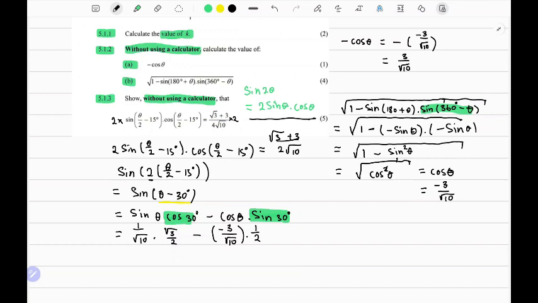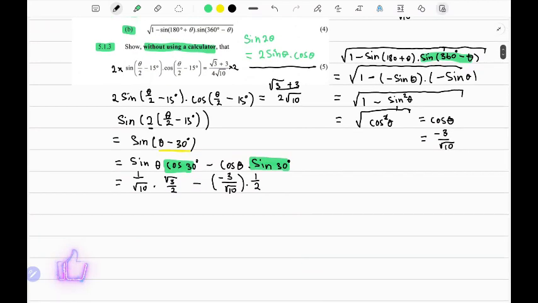So we can just reduce this. This is the same as root 3 over 2 root 10 minus negative 3 over 2 root 10.